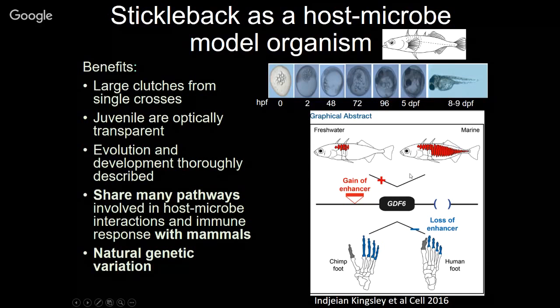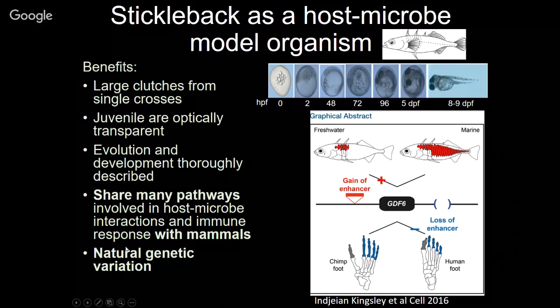So this regulator of genes that was identified in stickleback is conserved all the way through humans. By examining something in fish, we were able to identify something that was really important for the evolution of humans.